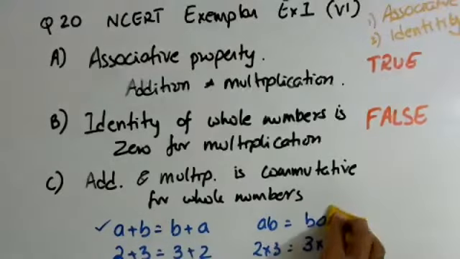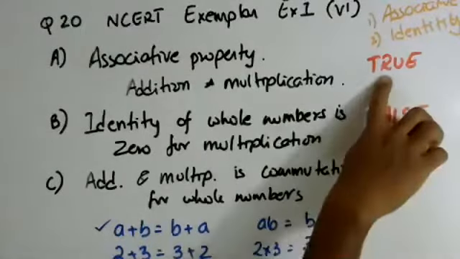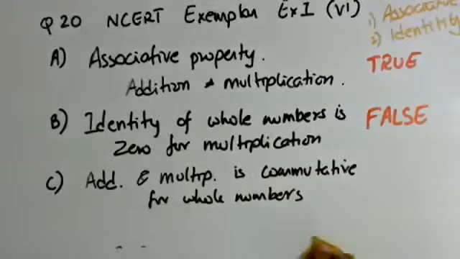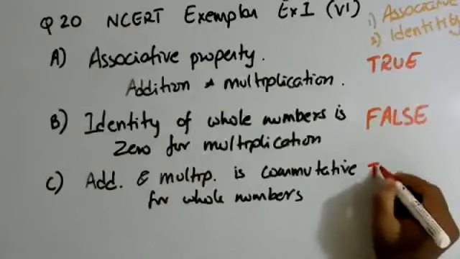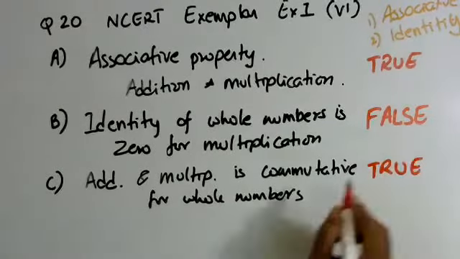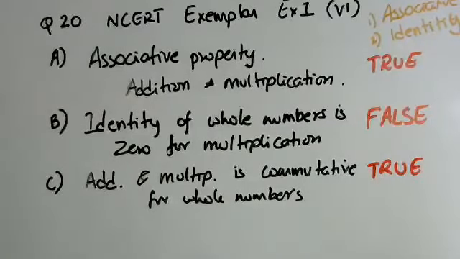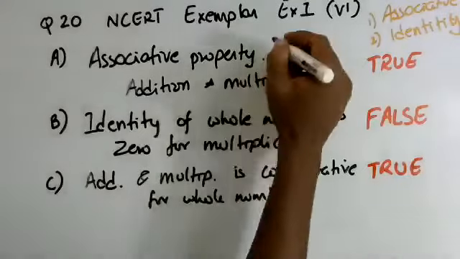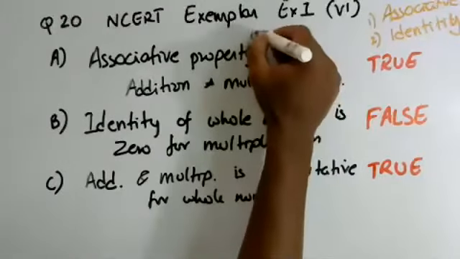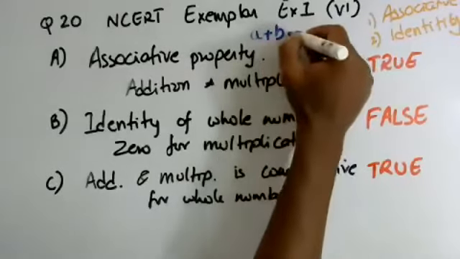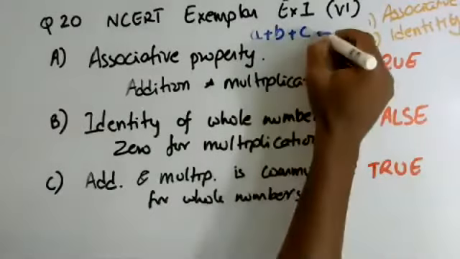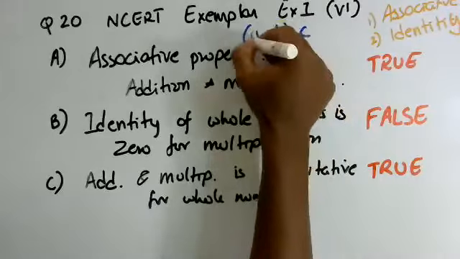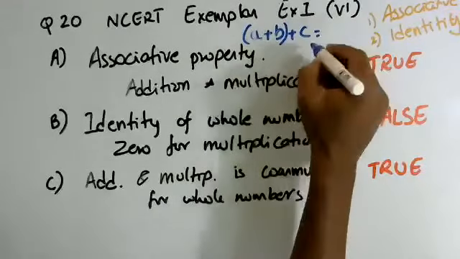Okay, so let us do that, just to make sure that what we have concluded over here is true. Yesterday when we discussed associative property, you said it was false. I might have. That is why I'm saying that is an interesting question for me, because it corrected some idea that I had. So associative property is this: you can write a plus b plus c, and it does not matter in what order you add the numbers.